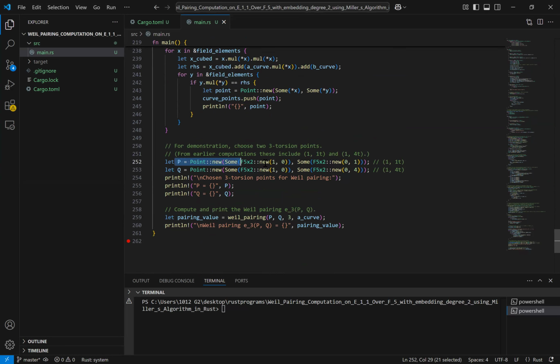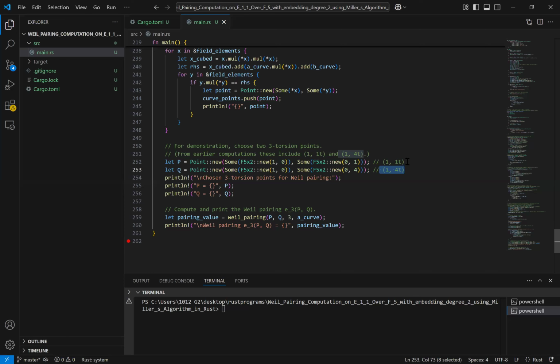I've chosen P, and P is the point (1, 1T). We had seen points in G1 and points in G2 last time. So one of the points in G1 was (1, 1T), which is what I've entered here. And this other point is (1, 4T), which is what I've entered here.